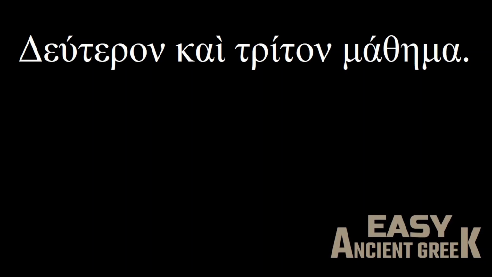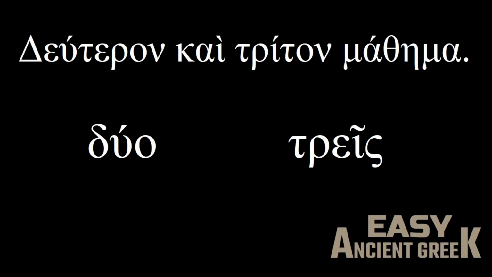The word Deuteronomy was derived from Deuteros, even though it's the fifth book of the Bible. And do you know the Greek word for two? It's in several English words as well as a famous language learning app. Duo. And the word for three is not difficult either. It's tris.